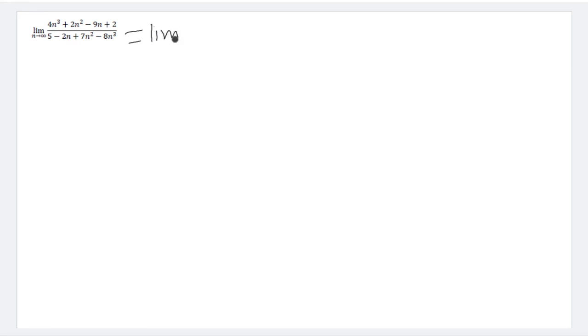The limit as n approaches infinity of, so get the derivative. 4n³ will become 12n² + 4n - 9, all over 5 - 2, sorry, 5 will become 0. So that will become -2 plus 14.